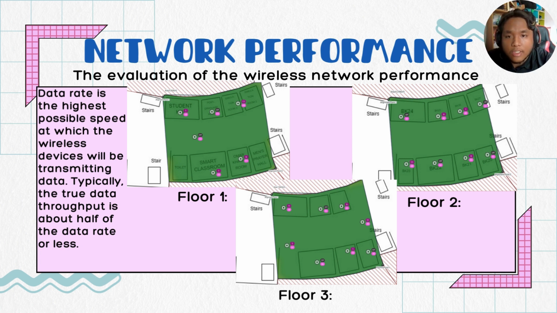It's just on the toilet, the throughput is going to be lesser because there are no APs near the toilet. And then for floor 2 and 3, we aim to have the optimal performance on every area section.